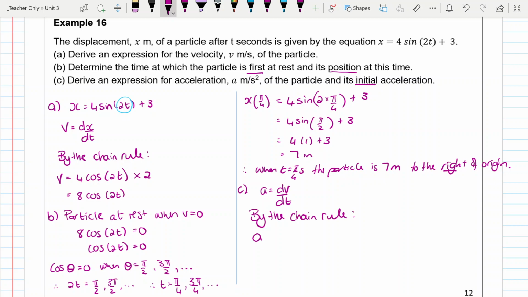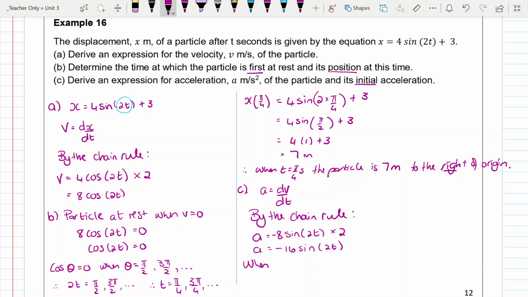And our acceleration is then going to be a derivative of 8 cos of 2t. So again, we're going to have negative 8 sine of 2t multiplied by 2, and that's going to be negative 16 sine of 2t.